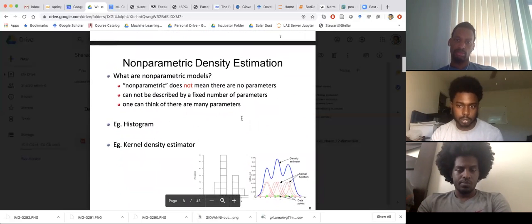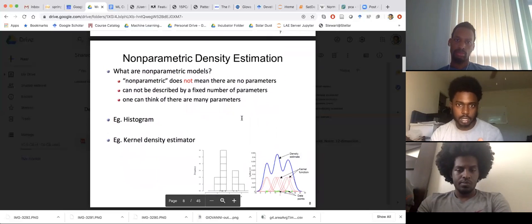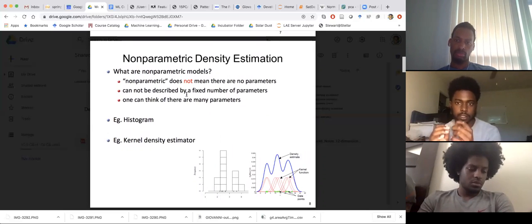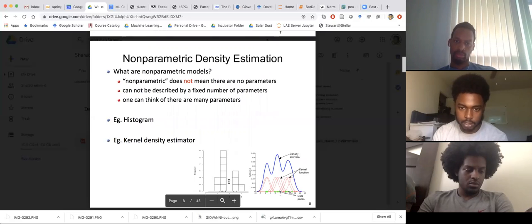Whereas non-parametric density estimation does not mean there are no parameters, but it means that these models can't be described by a fixed number of parameters. One can think of there being many parameters. So in this scenario, we have this histogram where these represent all the different points.